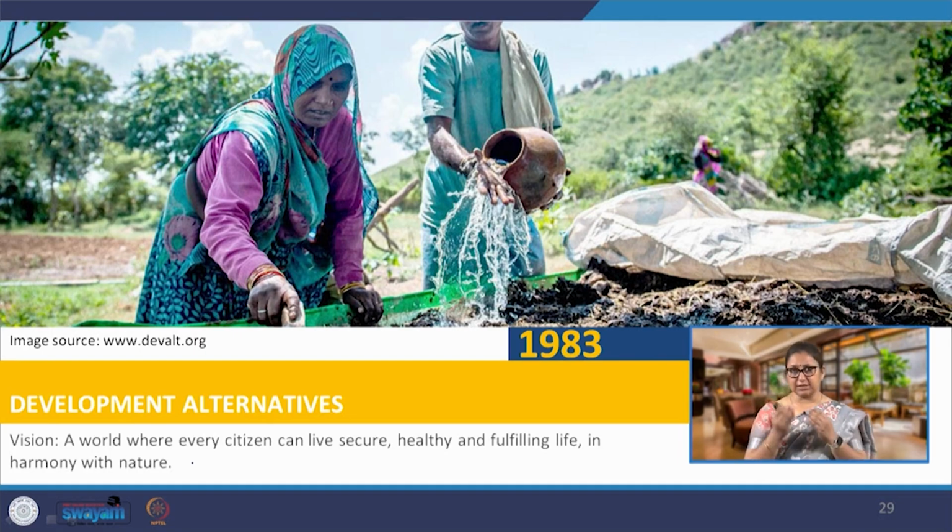There are several organizations, and I am skipping through a lot of events because there are many. You can find out about them, but the idea was that every citizen should be able to live a secure, healthy and fulfilling life in harmony with nature across the world. So, we are not just talking about the developing or underdeveloped countries, but the entire world where people have a healthy and fulfilling life.